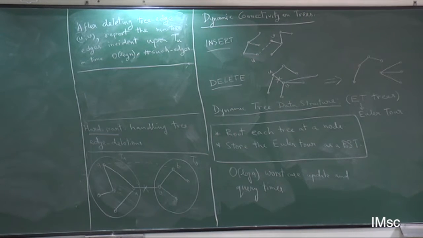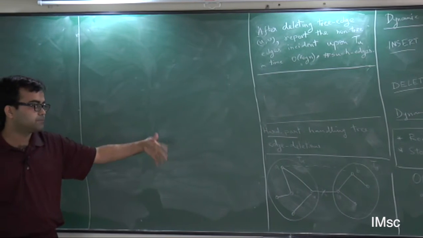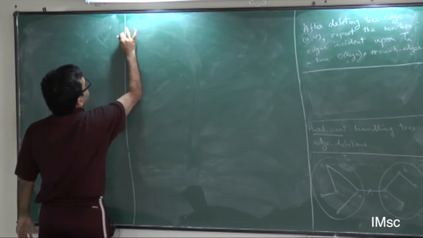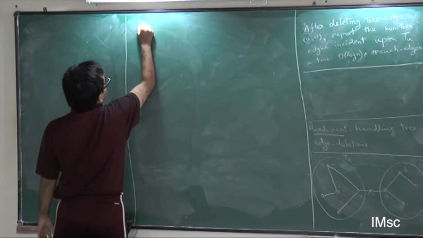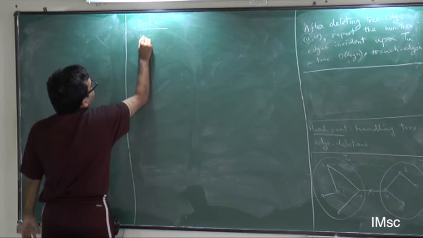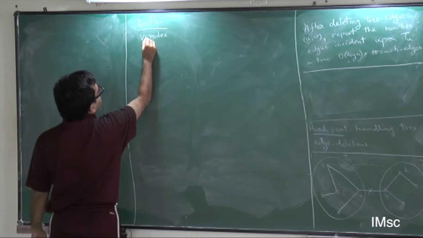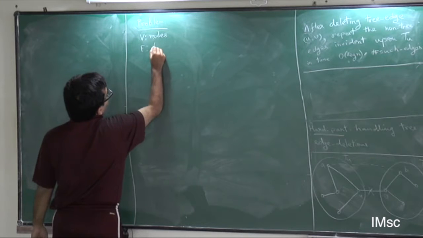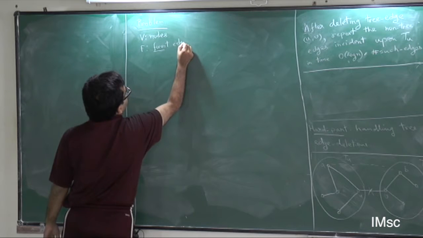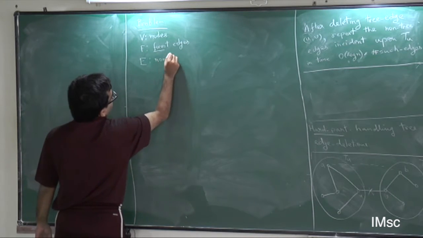So, now I am just going to pose this problem, formulate this problem as a more generalized dynamic tree data structure. So, the problem is this that we want to solve using ET trees. You are given a set of nodes, this is fixed. Now, there are two types of edges, say F, these are the tree or forest edges, and E, these are the non-tree edges.